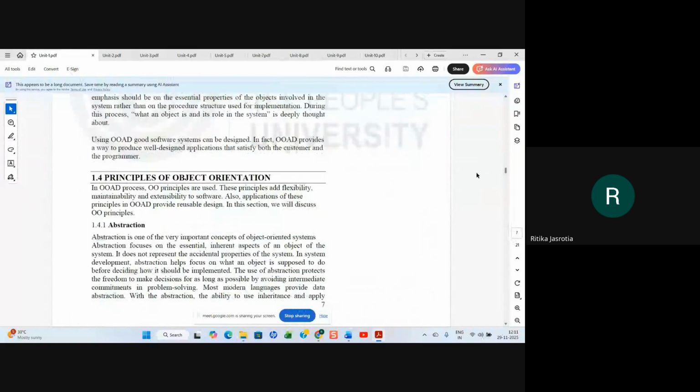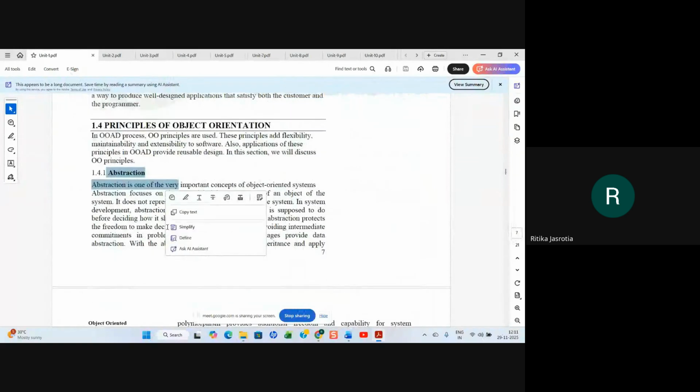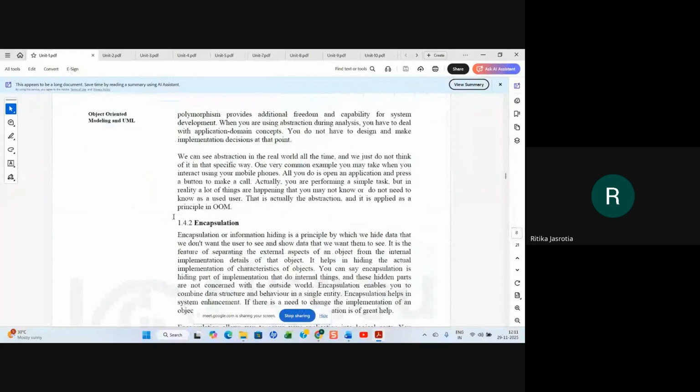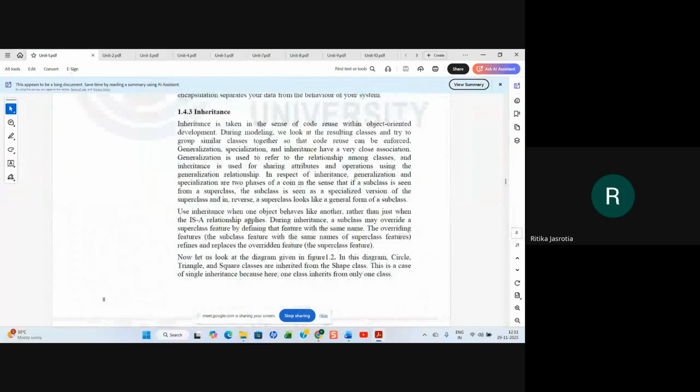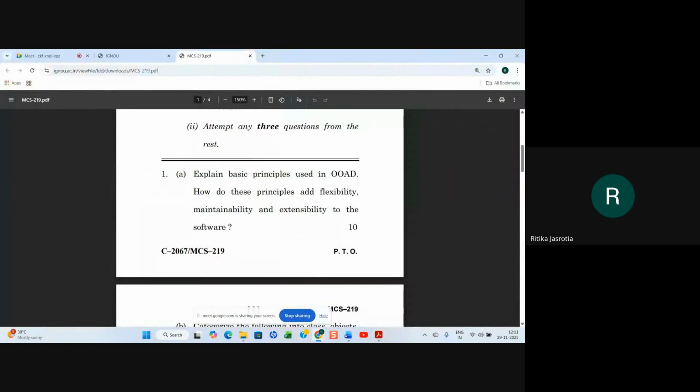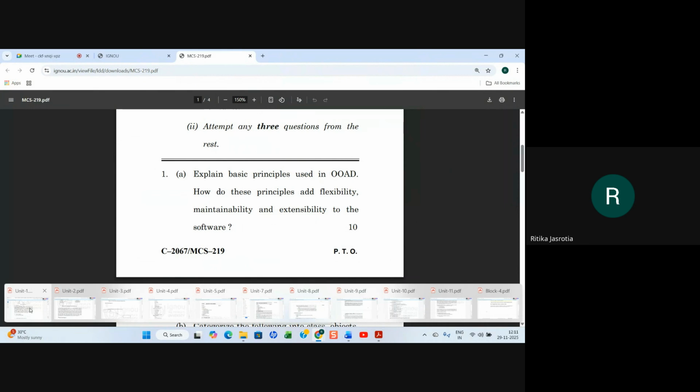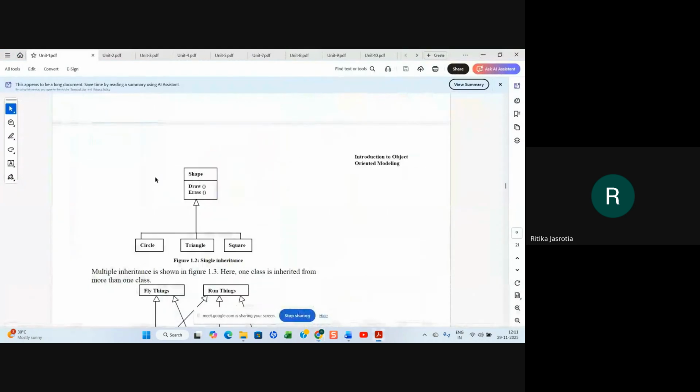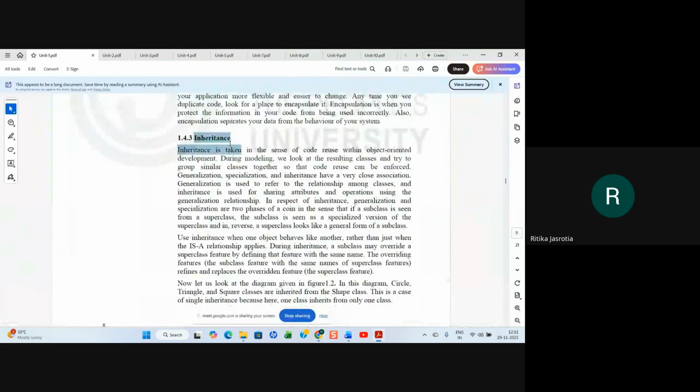These principles of object: abstraction, encapsulation, inheritance, right? And polymorphism. These are your principles. How do these principles add flexibility, maintainability, extensibility to the software? So reusability is by inheritance.